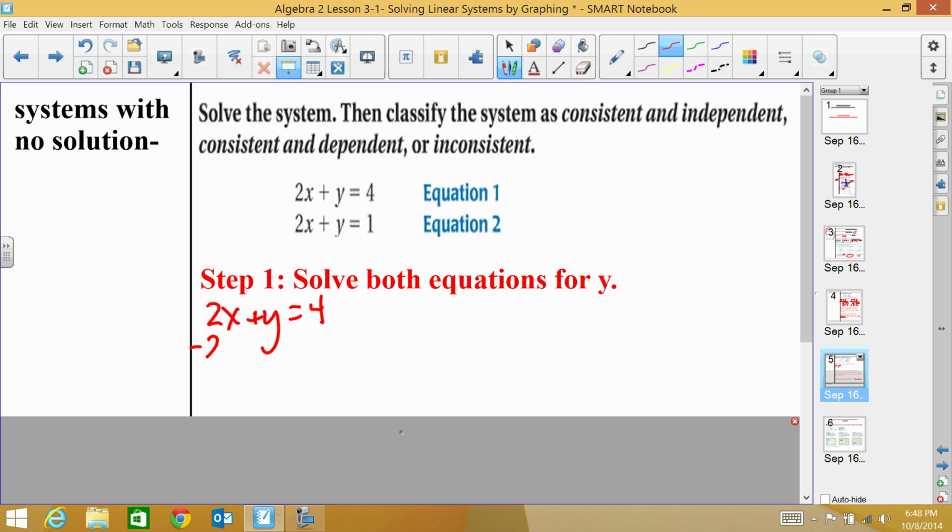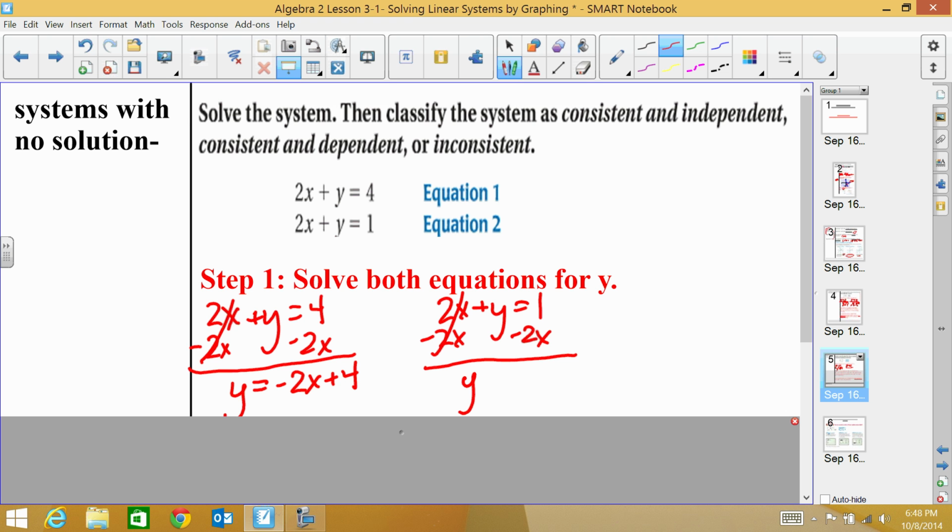So we need to subtract 2x to get y by itself. And we get y equals negative 2x plus 4. And for the second equation, we have 2x plus y equals 1. So we would subtract 2x to get y by itself. And we get y equals negative 2x plus 1.